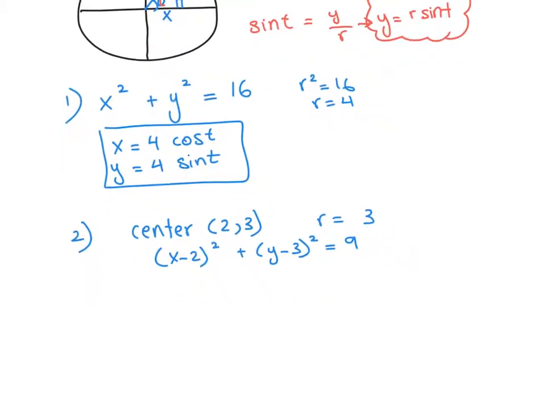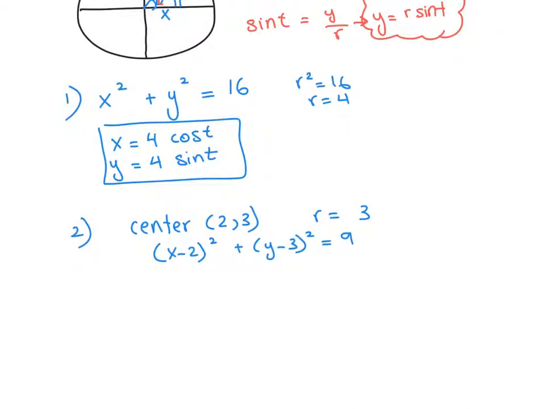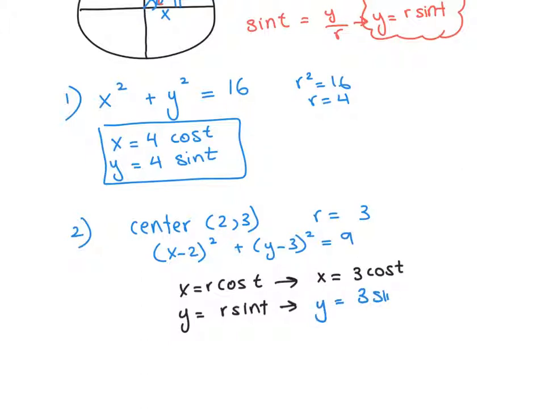Now remember, we did say that x is equal to r cosine t and y is equal to r sine t. Now r in this case is 3, so x can be written as 3 cosine t, and y can be written as 3 sine t.